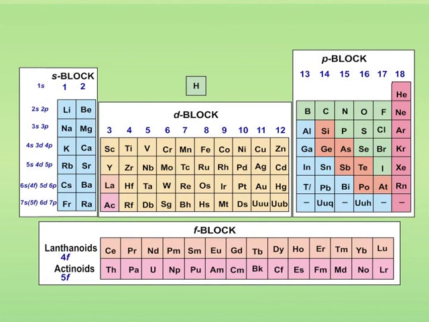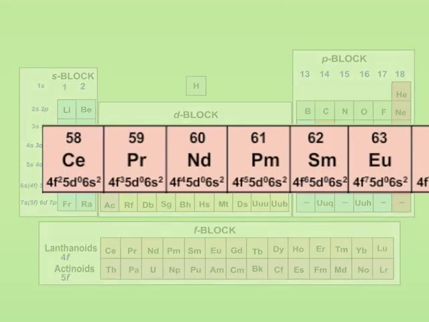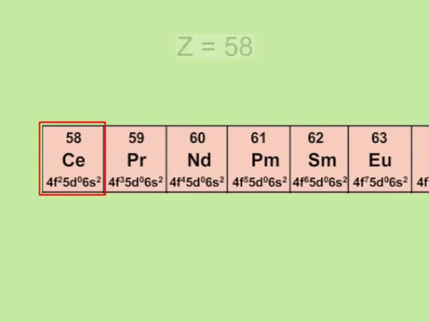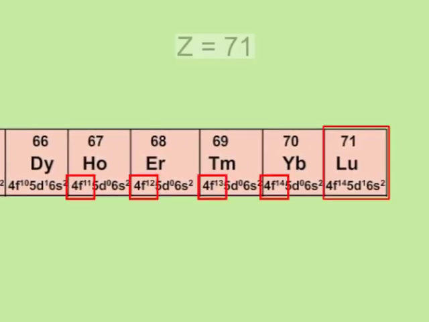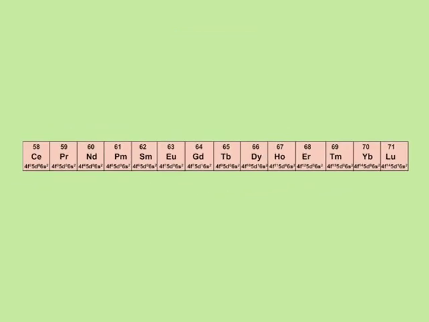In this period, after the filling of 6s orbitals, the next electron, that is the 57th, enters the 5d orbital against the Aufbau principle, and thereafter the filling of 7 4f orbitals begins with cerium, that is Z equals to 58, and ends up with lutetium, that is Z equals to 71.